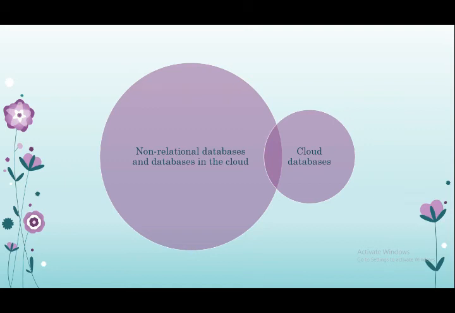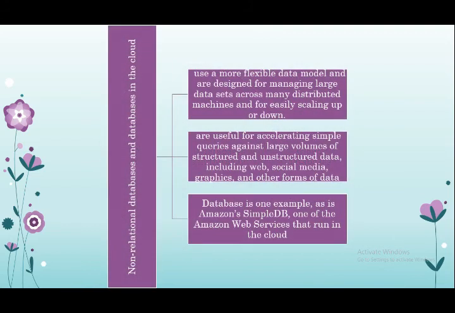Next, non-relational databases and databases in the cloud. Non-relational databases use a more flexible data model and are designed for managing large data sets across many distributed machines and for easily scaling up or down.